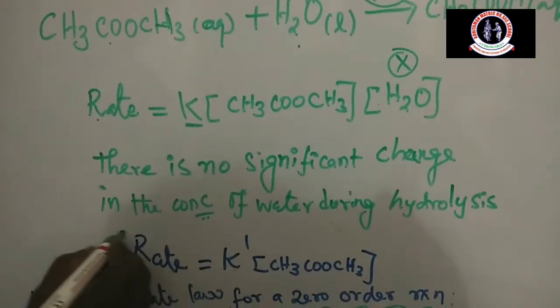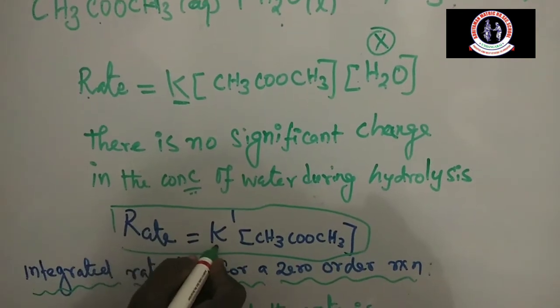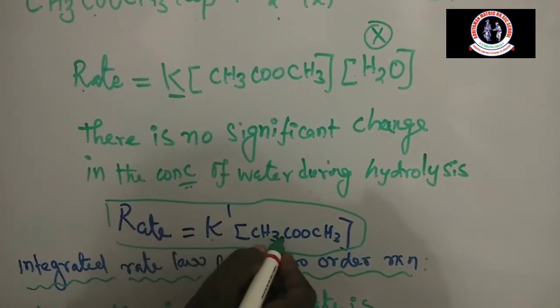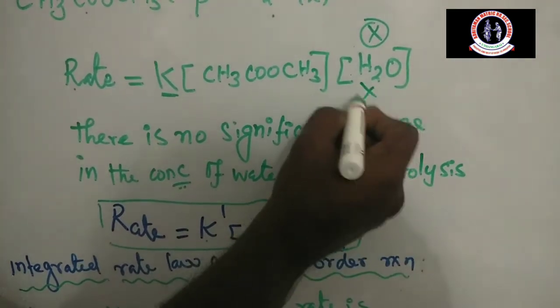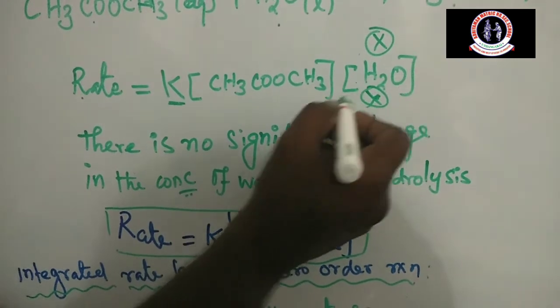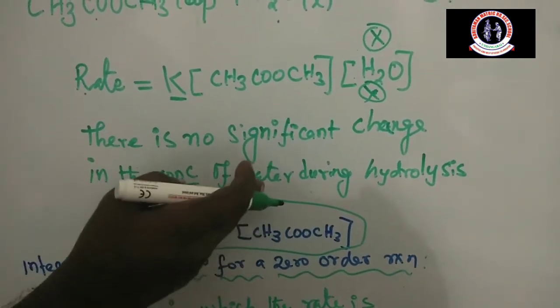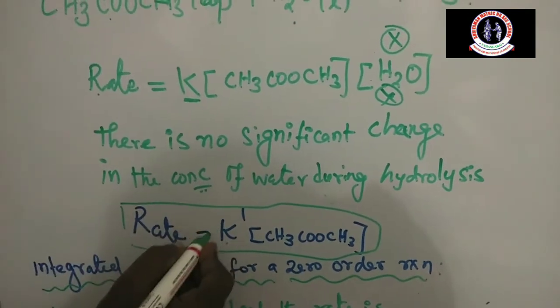So now we alter the rate equation. Rate is equal to K dash into methyl acetate only. Here it is independent of the initial concentration of water. This type of reaction is called a pseudo first order reaction. It's a very important 3-mark question.